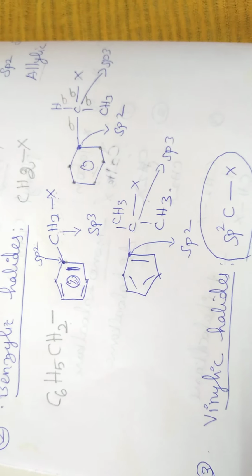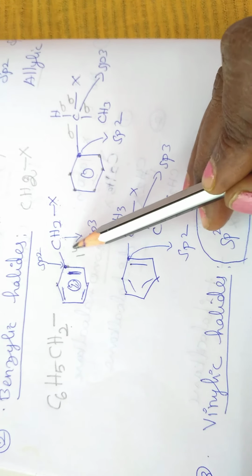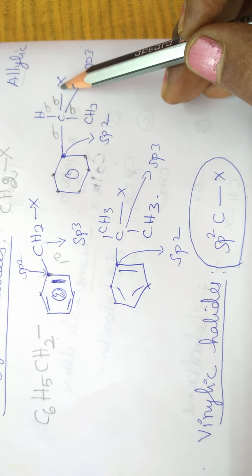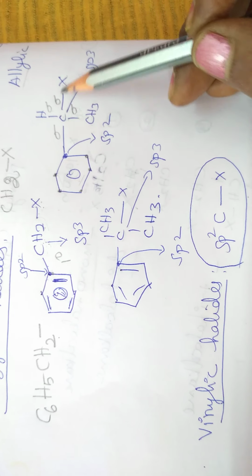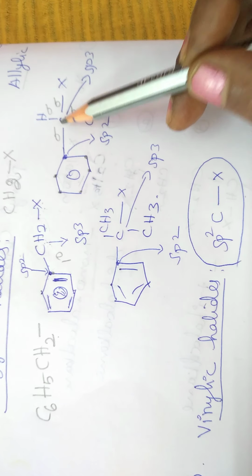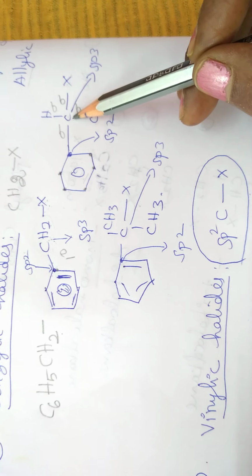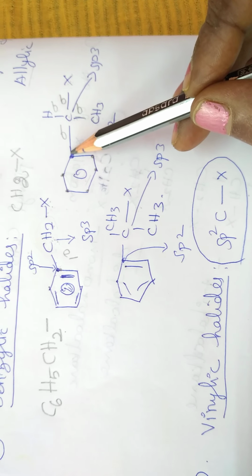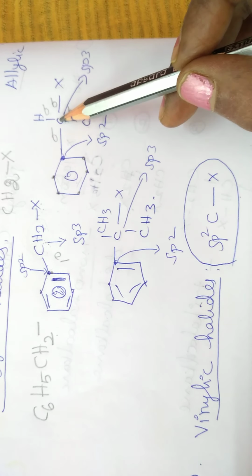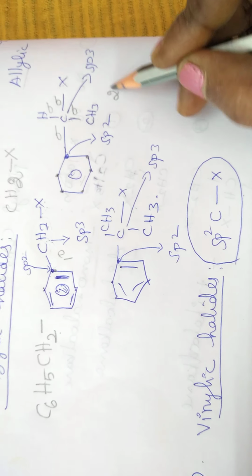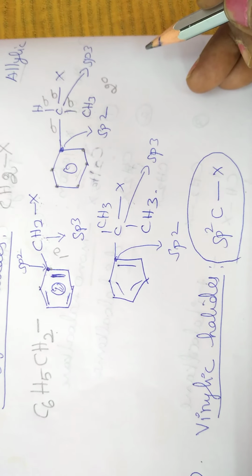So we can say it is a primary benzylic halide. Let me take this halogen attached with this carbon. So this is the functional group carbon. This functional group carbon is attached with how many carbon atoms? See here, it is directly attached to this carbon, and again this is directly attached with another carbon. So it is directly attached with 2 carbons. So that is a secondary benzylic halide.